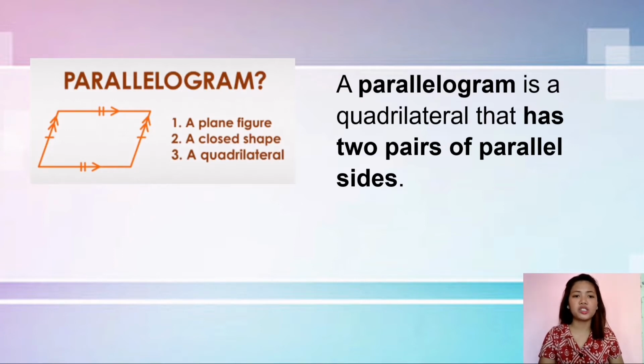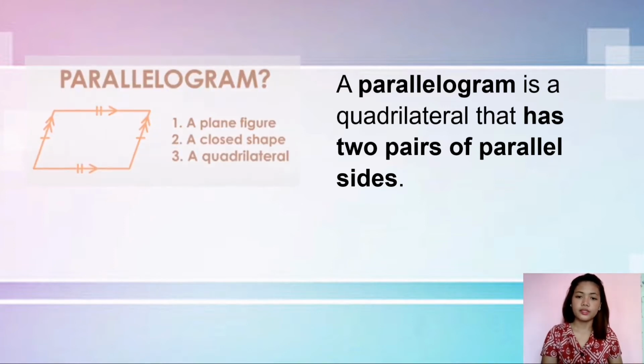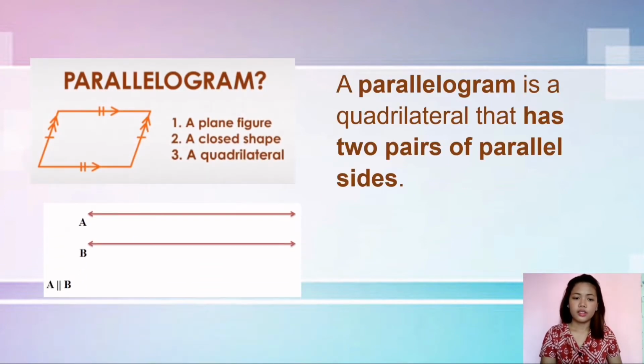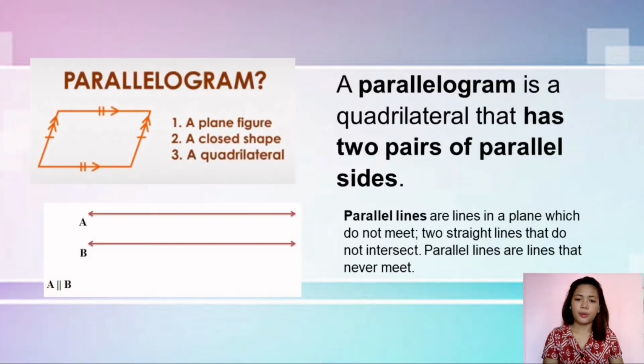So, sa tingin ninyo, saan galing ang word na parallelogram? It is taken from the word parallel. So, magbalik tanaw tayo kung ano yung tinatawag na parallel lines. Parallel lines are lines in a plane which do not meet. Two straight lines that do not intersect.